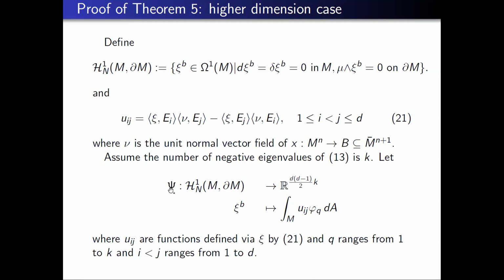Let phi from H^1_N to Euclidean space be defined in this way. Here, the functional u_ij is defined by psi, with i ranging from 1 to k, and i smaller than j ranging from 1 to d.